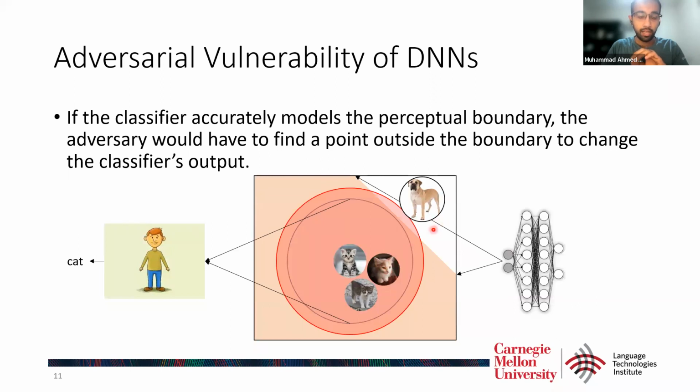Now this area is the area for dogs. It's outside the blue circle that was the human's perceptual boundary of a cat, and therefore the adversary would have to modify it enough to make it so that it no longer looks like a cat to a human.